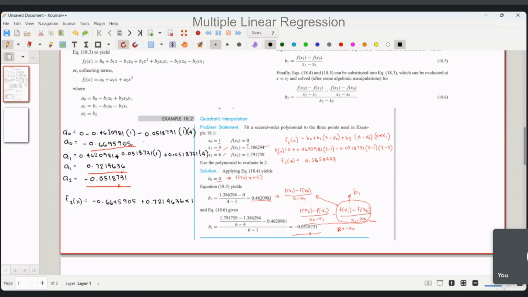That's minus A2, 0.0518731 x squared. Okay.